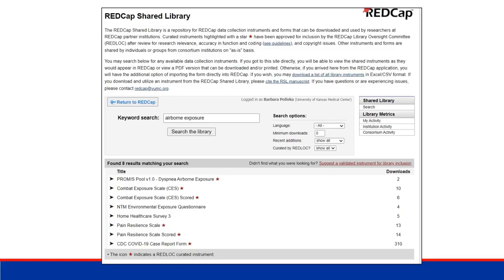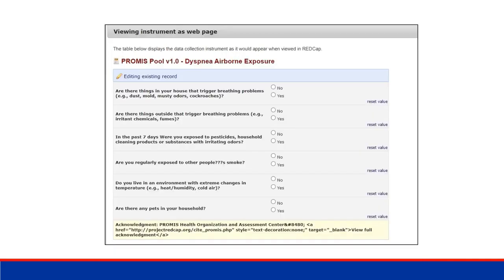The idea of PROMIS is that the measures can be used across multiple areas and you can compare findings using them. There's also a measure called Environmental Exposure Questionnaire, and you can find others, but here I searched on the topic of airborne exposure, so this is what came up.